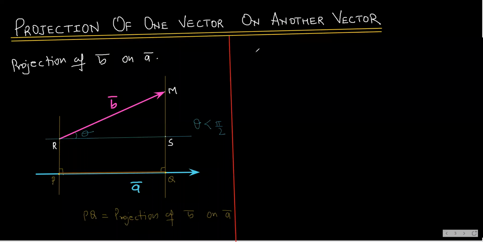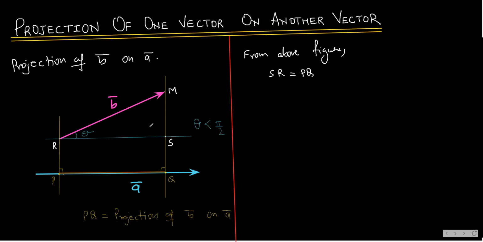So I can write from the above figure, SR equals PQ. So if I could find SR, that will be the same as PQ, which is equal to the projection of B bar on A bar.